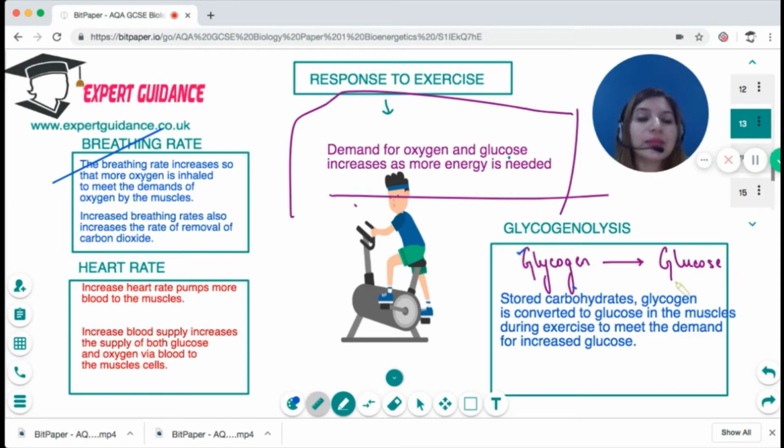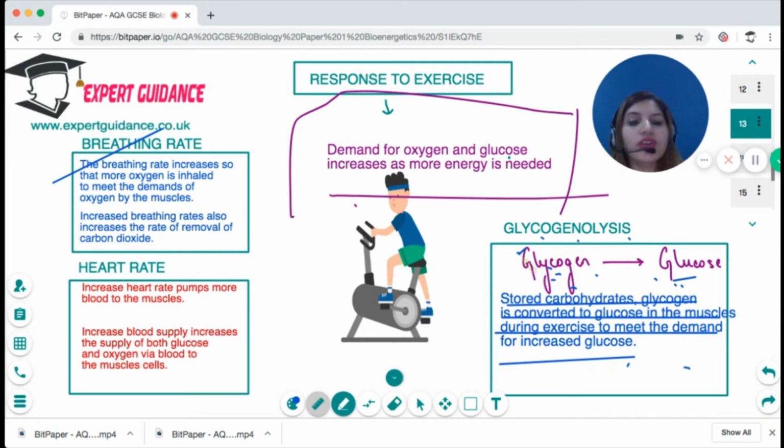So as the demand for glucose increases, the glycogen needs to be broken down back into glucose, and this process is known as glycogenolysis. This happens in your cells, in the liver cells and muscles: the excess glycogen gets converted back into glucose.